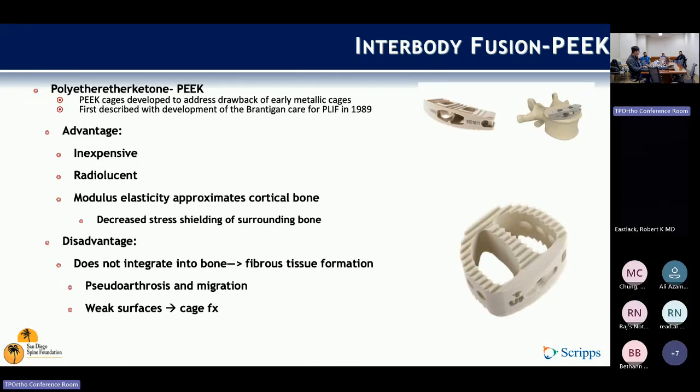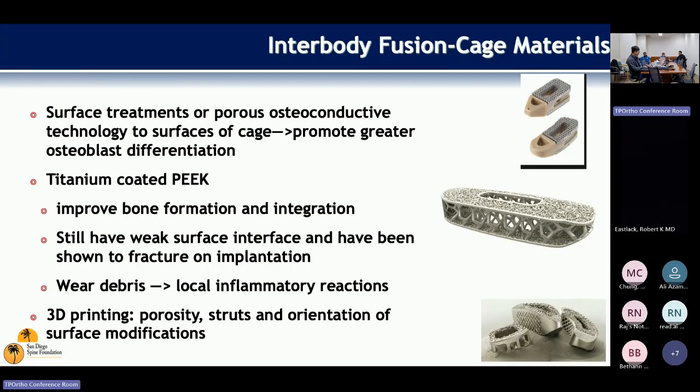PEEK is radiolucent and has a modulus closest to cortical bone, with reduced imaging artifacts and reduced subsidence. However, it tends to form a fibrous interface rather than integrating directly with the bone. This raises further concern about pseudoarthrosis or migration of the cage, and fracture of the implant since it's weaker.